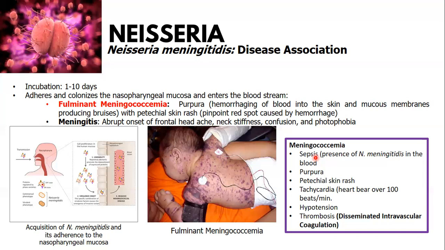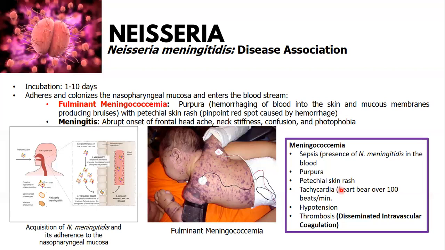And once endotoxins are present in large amounts, which is what we call endotoxemia, these endotoxins would trigger macrophages to secrete large amounts of pro-inflammatory cytokines that can heighten the inflammatory response, and this could be manifested by purpura and petechial rash, which indicate continuous hemorrhages or leakage in the capillaries.